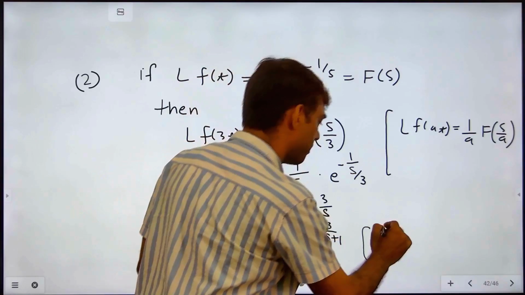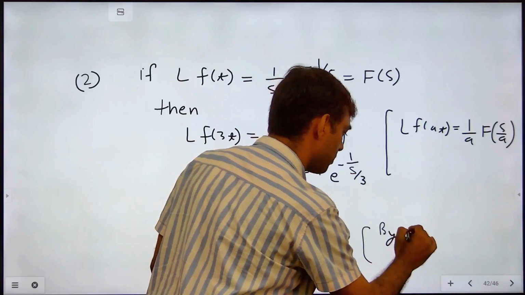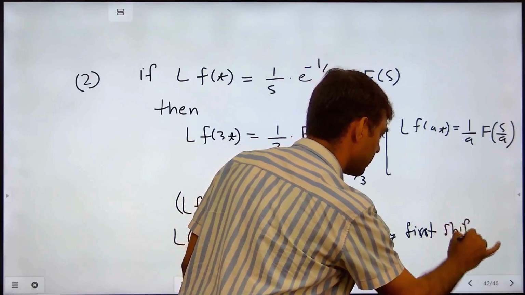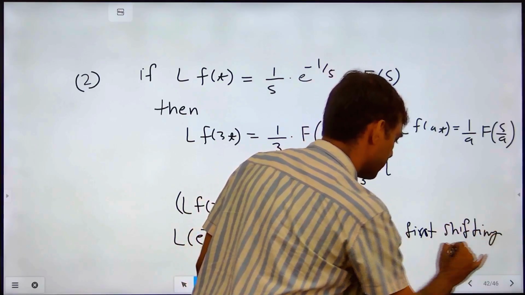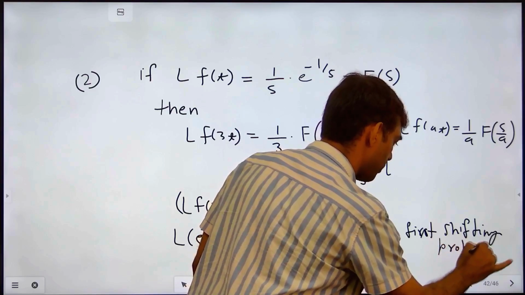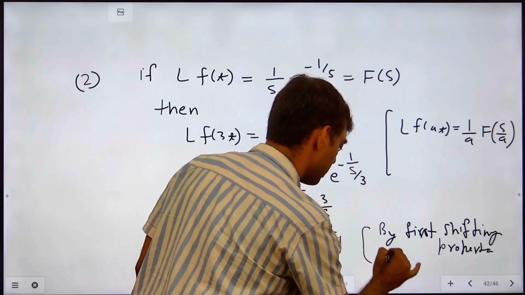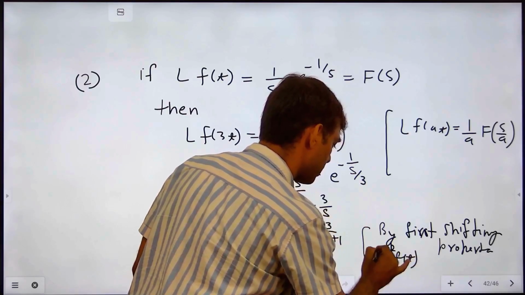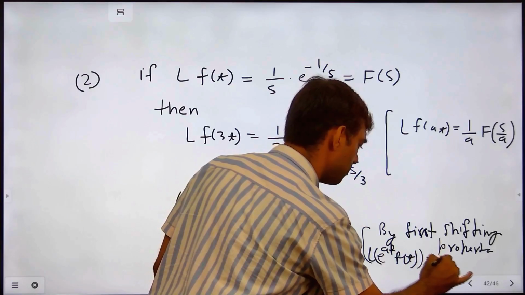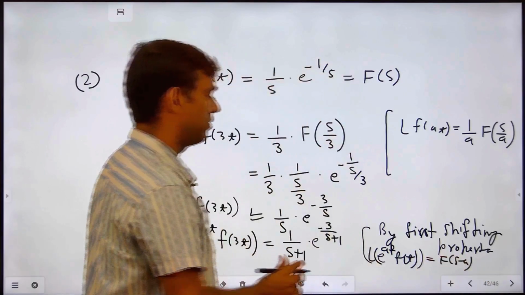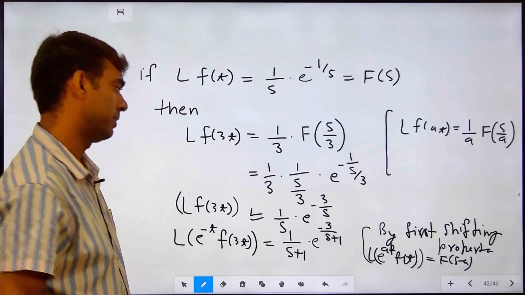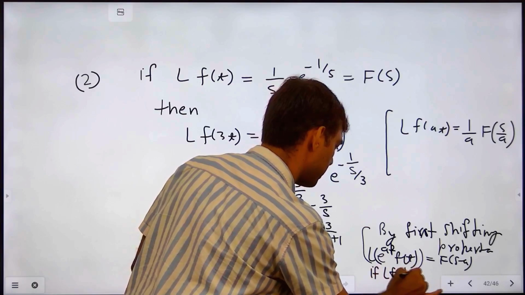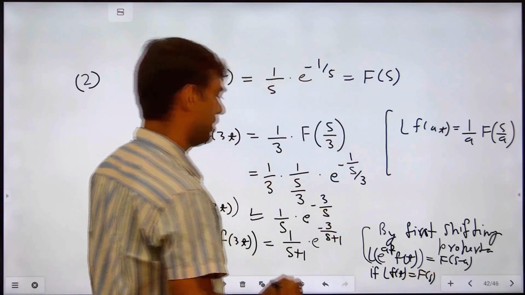Here we write by the first shifting property. What is the first shifting property? The Laplace transform of e to power at f(t) is F of s minus a, if the Laplace transform of f(t) is F(s).